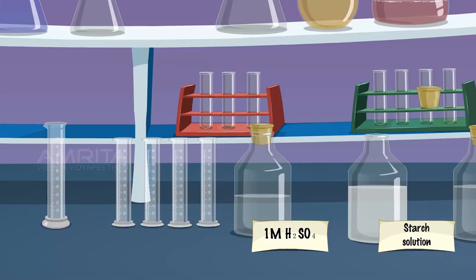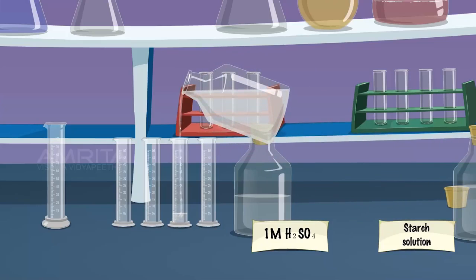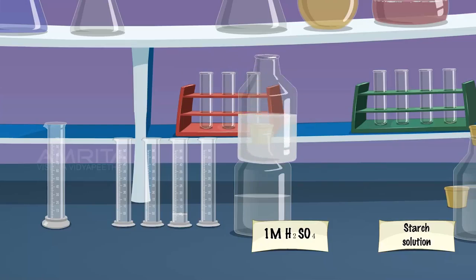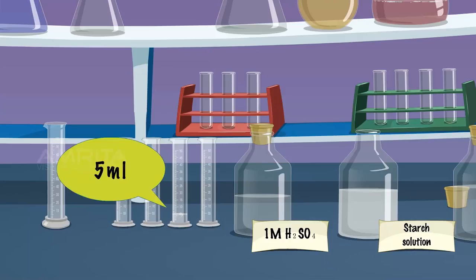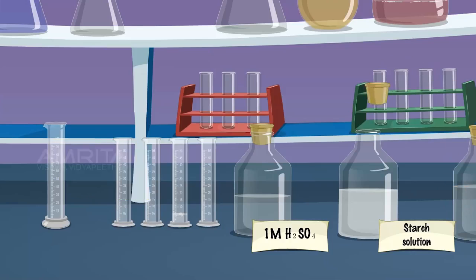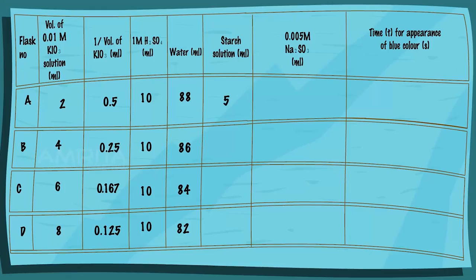Measure 5 milliliters starch solution in a measuring jar. Pour it into flask A. Repeat the same procedure for the remaining 3 flasks.